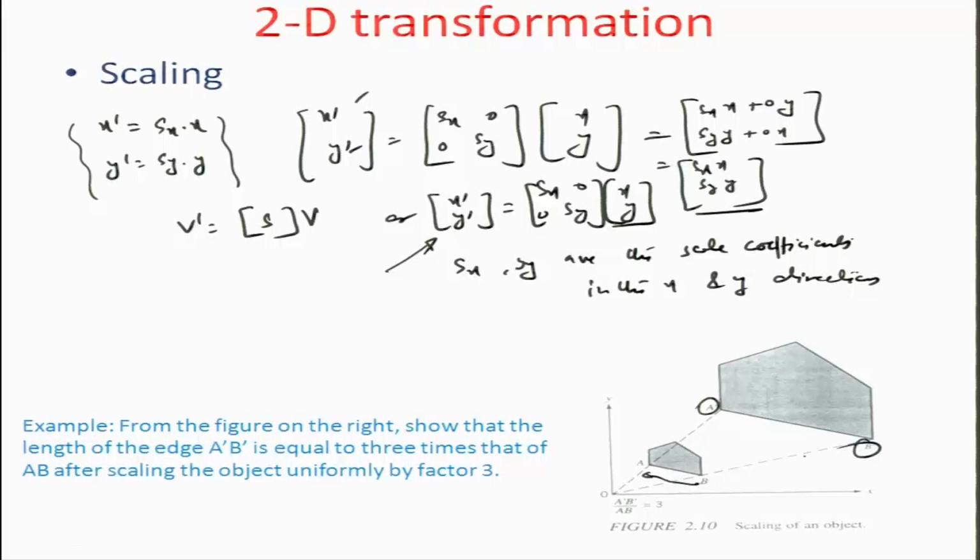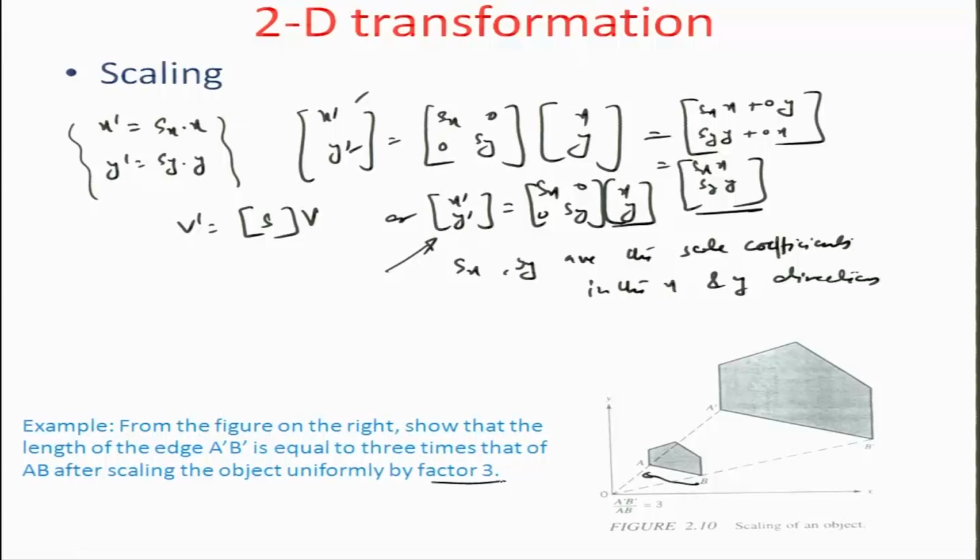By just using the scaling transformation matrix, we can find out A dash with respect to A, or B dash with respect to B, and we can find out whether the length changed by as many times as the scale factor was. So, the factor in this case is 3.